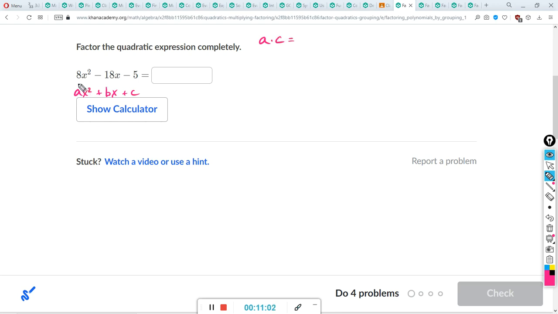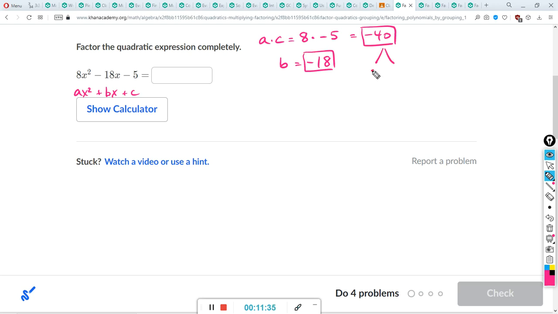A times c is going to be 8 times negative 5, which equals negative 40. And b is going to be negative 18. So you write out the factors for negative 40 until you find two that add to negative 18.